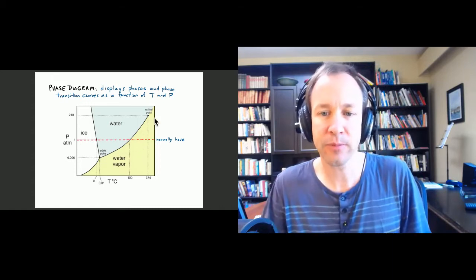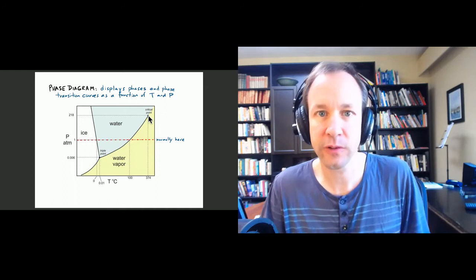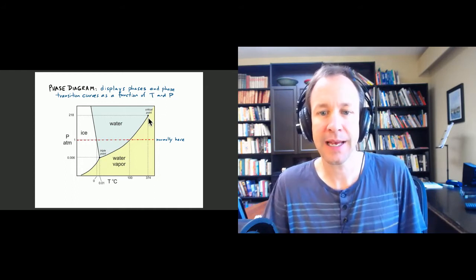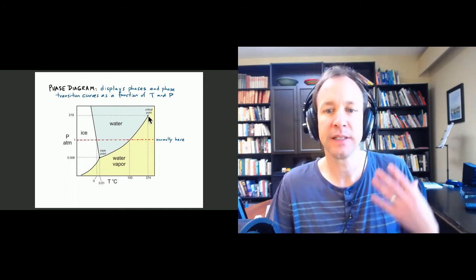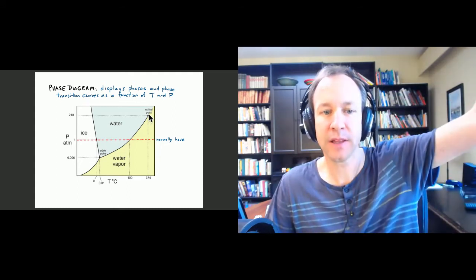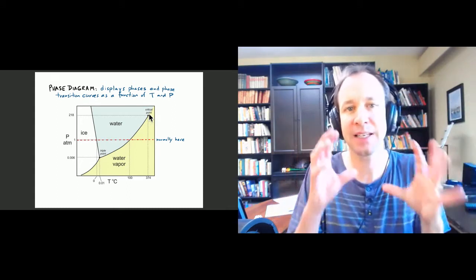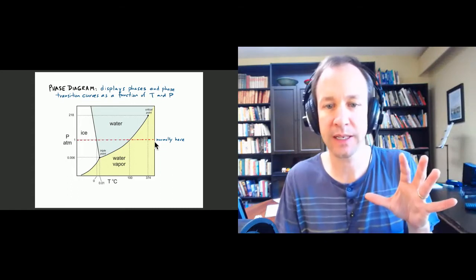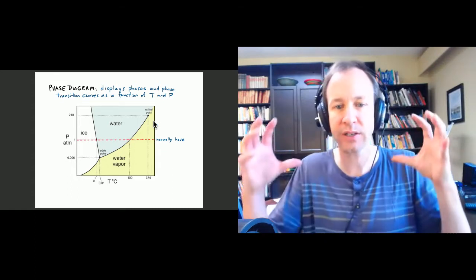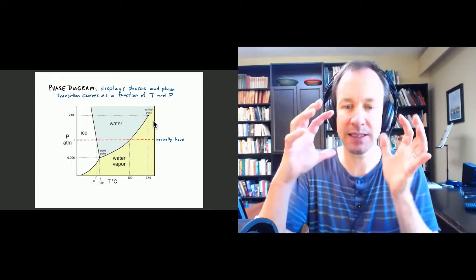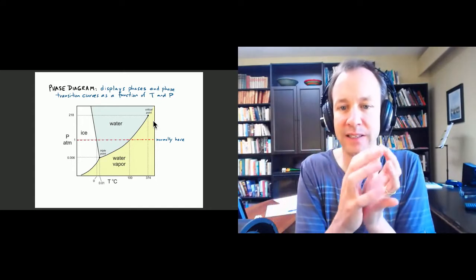If I raise the pressure, there's another interesting point called the critical point. And at that point, the idea is that at any higher pressure than that, you can't distinguish water and steam. If you increase the pressure of steam, then it's going to become denser and denser and denser.